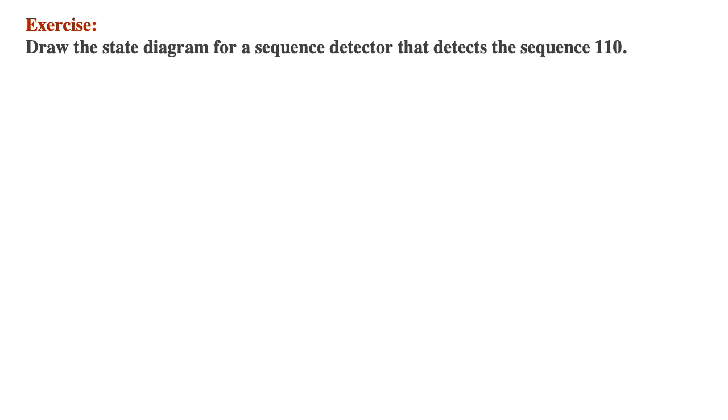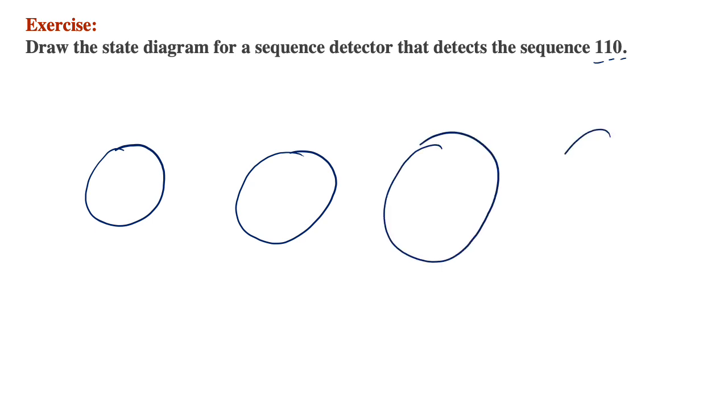Now we're going to do another example of a state diagram for a sequence detector that detects the sequence 110. First, we're going to check the length of the sequence. The sequence is 110, that means its length is 3 bits. So that means if we're implementing the design using a Moore machine, we're going to need a total of 4 states.